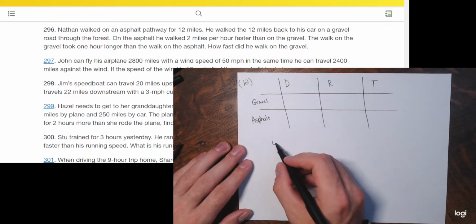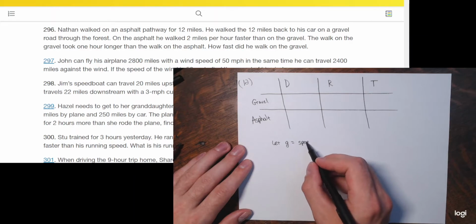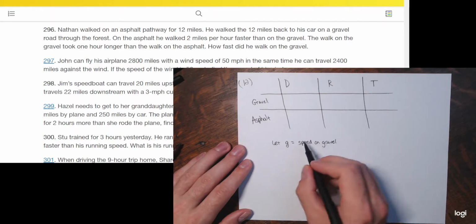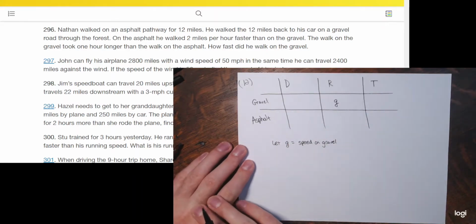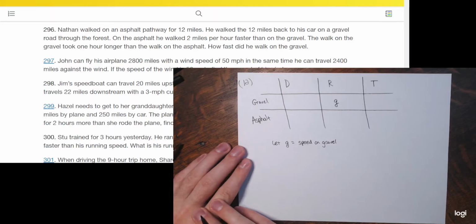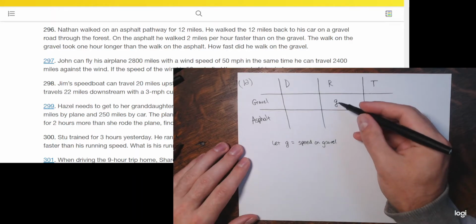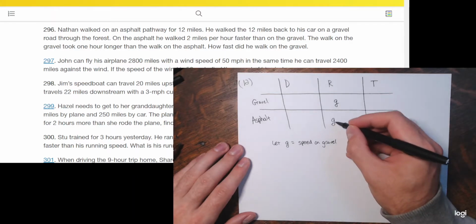I'm going to call that G for his walking speed on the gravel. So that's going to go in the rate for gravel, G. Now, it did say that he walked 2 miles per hour faster on the asphalt than on the gravel. So on the gravel he walked G miles an hour, and 2 miles an hour faster on the asphalt, so G plus 2.